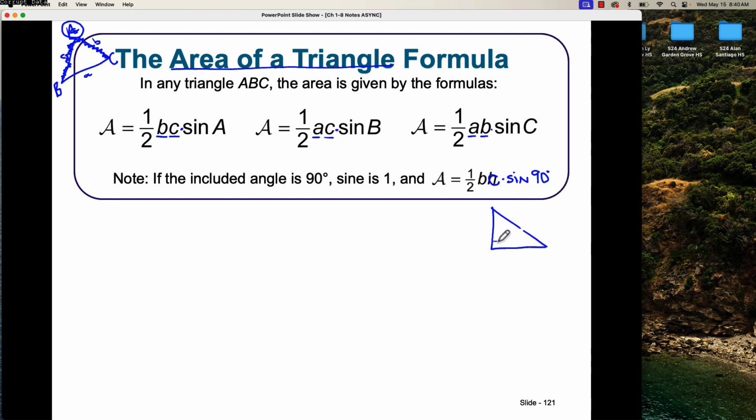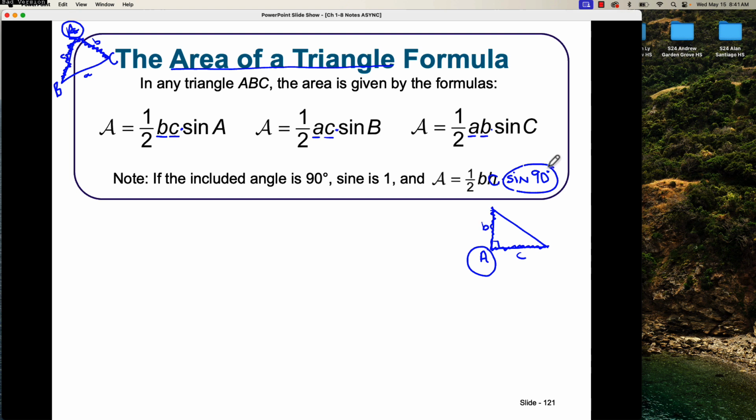If the 90 degrees is here, that would be our capital A. This would have to be B, and this would have to be C. You see here, side length B, side length C, included angle capital A, okay? If this is 90 degrees, we know that sine of 90 degrees is equivalent to 1.